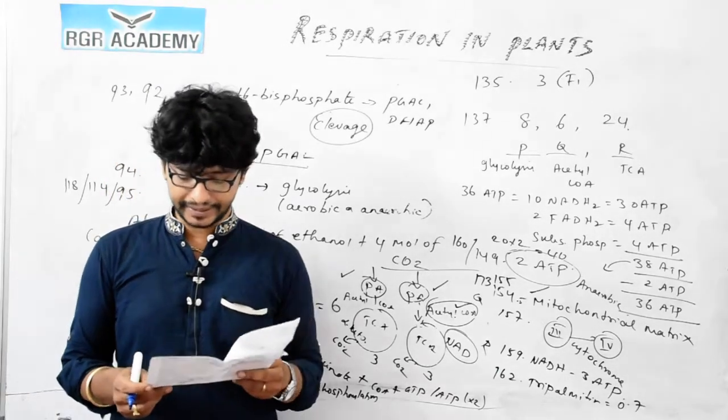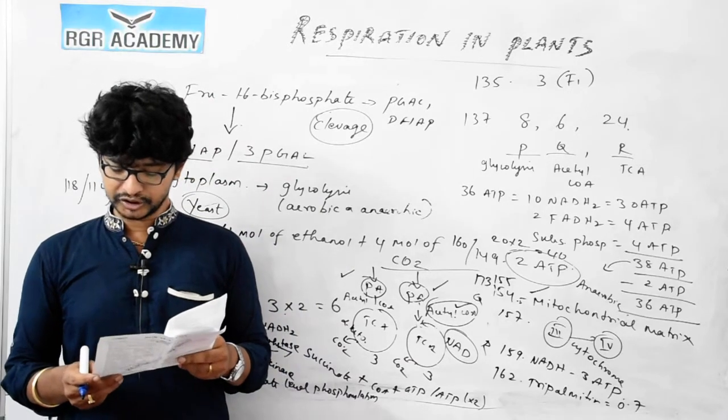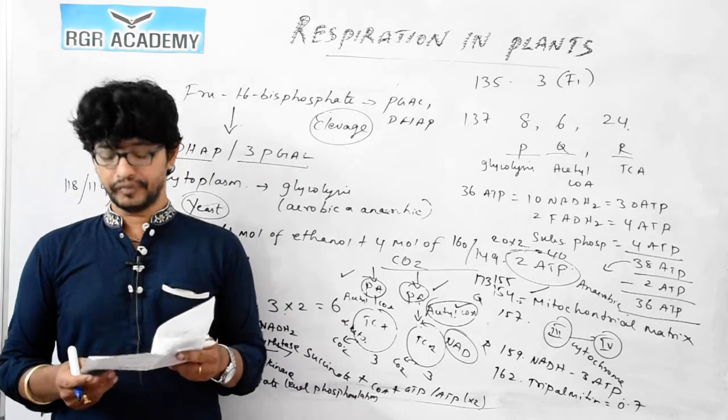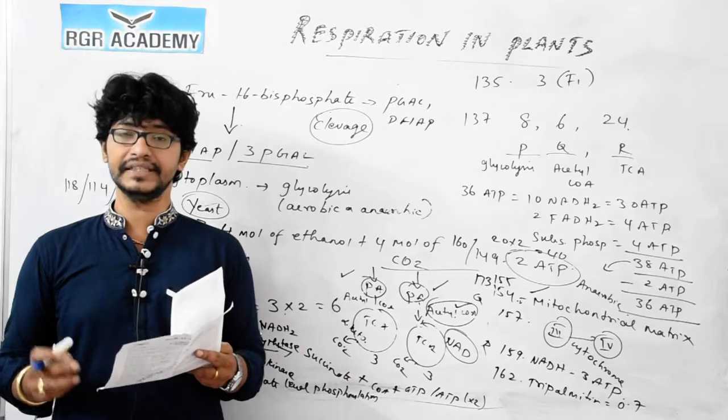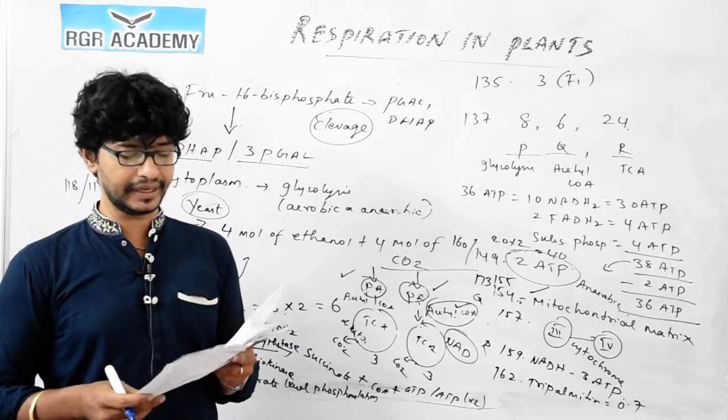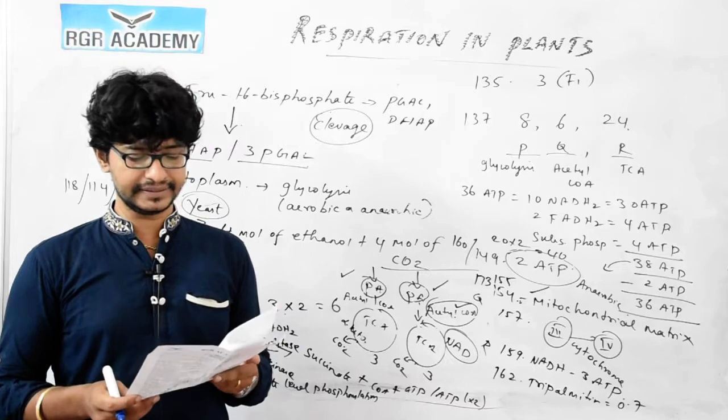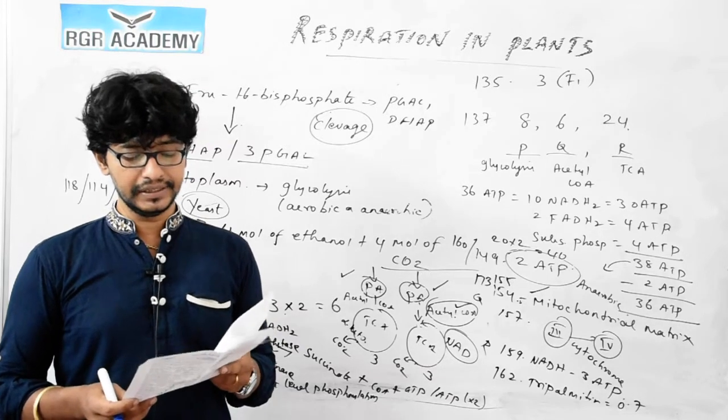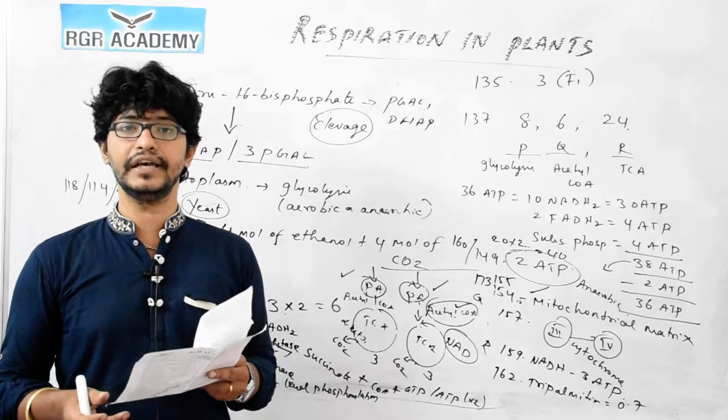Question 178. FAD acts as an electron acceptor in between succinic acid and fumaric acid, where the enzyme involved is succinic acid dehydrogenase.